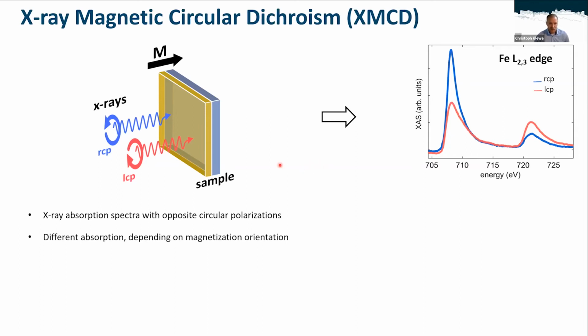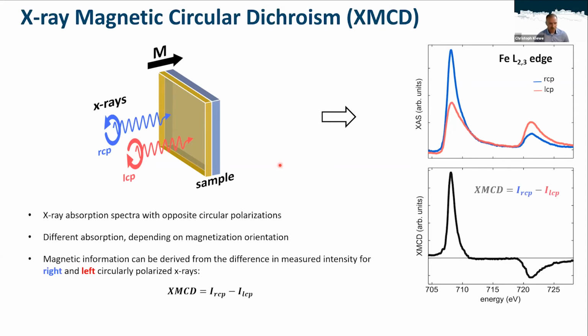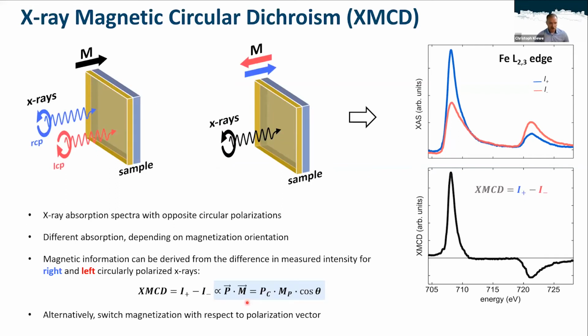So by calculating the difference between these two spectra, we can then get the XMCD signal as the difference between right circularly polarized light and left circularly polarized light. And that's where we get the magnetic information from. Now, of course, alternatively, we can also measure not by switching the polarization, but with a fixed polarization and instead switch the magnetization orientation.